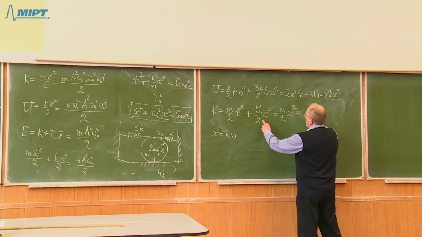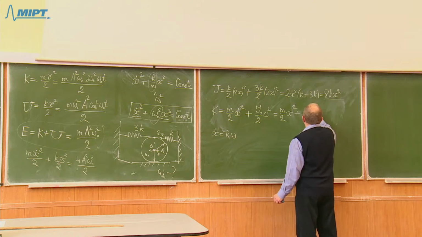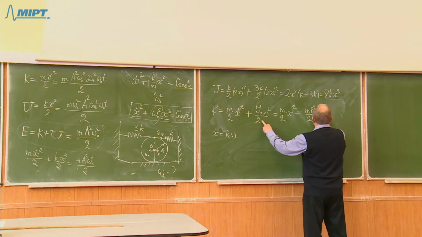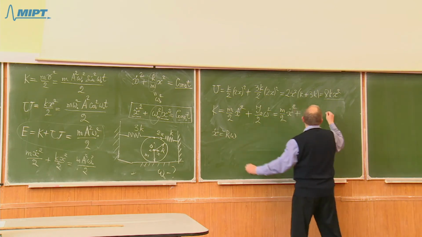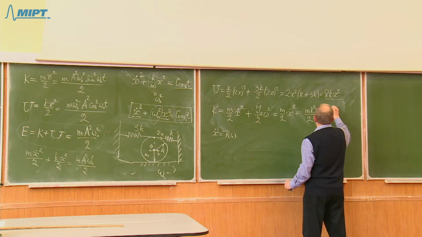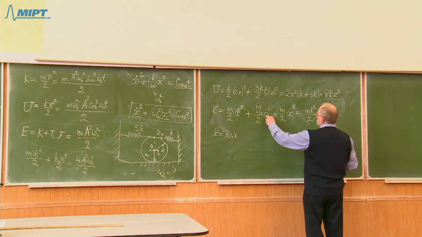So, the moment of inertia of the disk is mr squared divided by 2, and then divided by 2 again. And omega squared will be x dot squared divided by r squared.